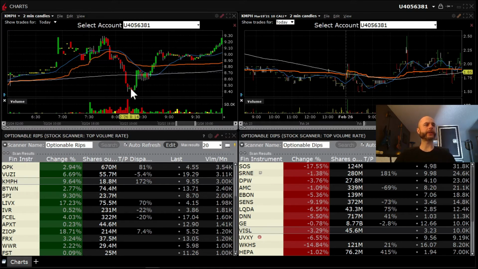You could have even said that this is just too much of an elastic band stretch and actually bought in here, but let's assume you didn't. Let's assume you waited for confirmation of a reversal, and that confirmation happens right here when it breaks with authority both 200 and 20, and in theory this could mean that the chart is flattening out and going to reverse.